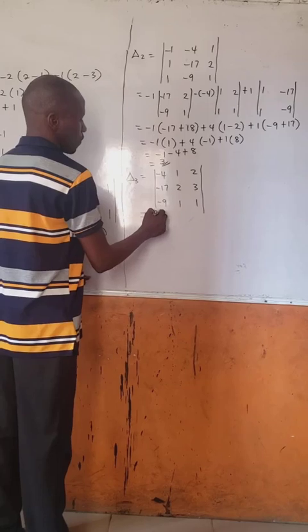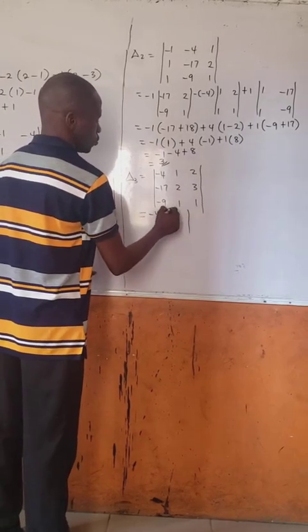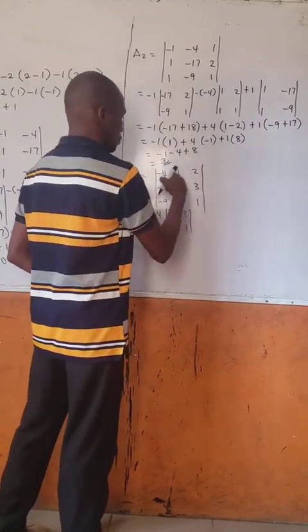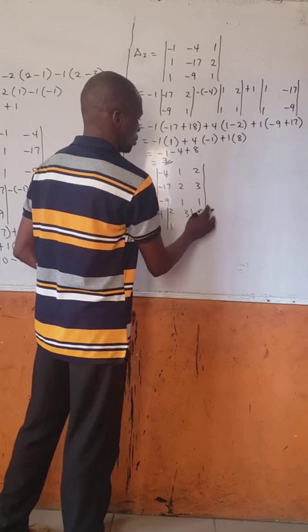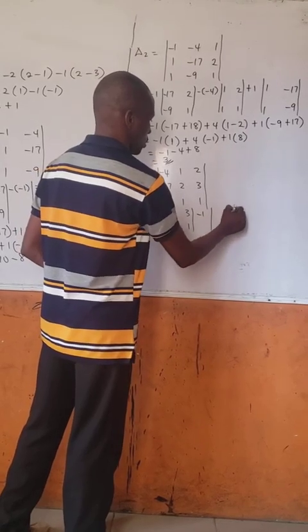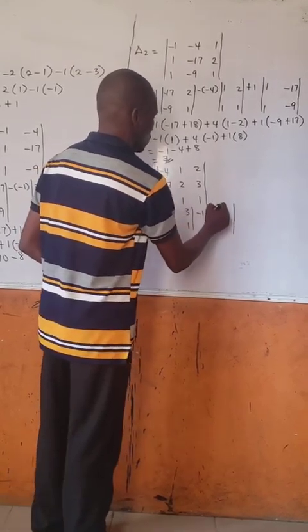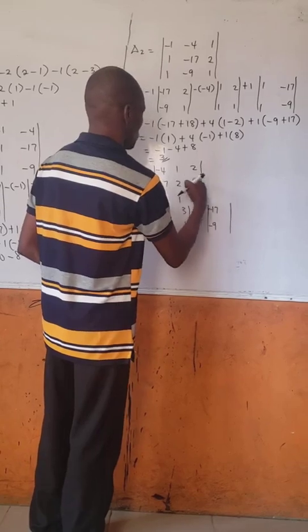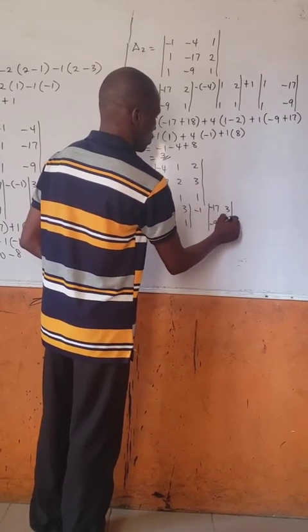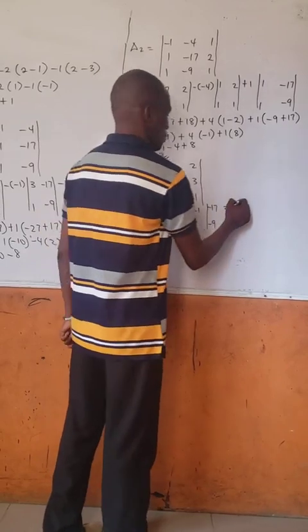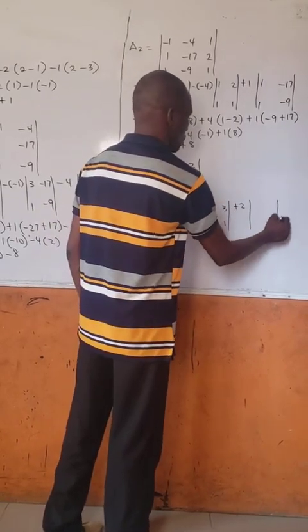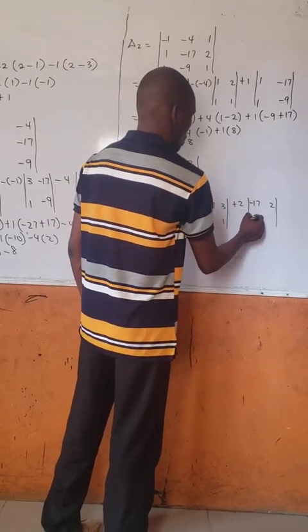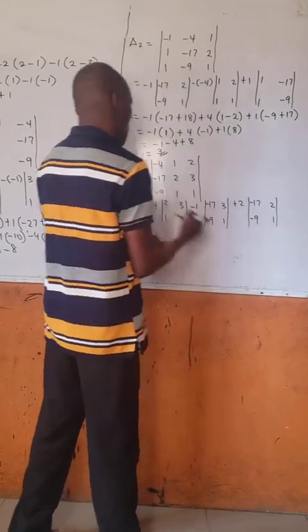This is minus 4 into 2, 1, 3, 1, plus minus 1 into minus 17, minus 9, 3, 1, plus 2 into minus 17, 2, minus 9, 1. Let's solve it together.